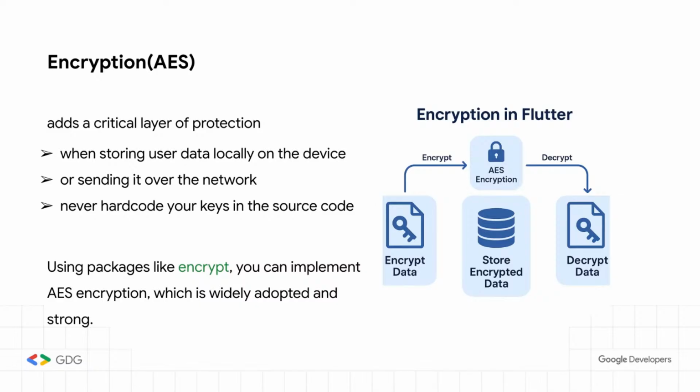So I cannot just send the data as it is. That would make it easier for hackers to get access to my data. So I will first encrypt it, that means convert it into encrypted objects, and then send, so that even if they get access to this data, there is not much that they can do with it. So never hard code your keys in the source code, always encrypt them and then store them.